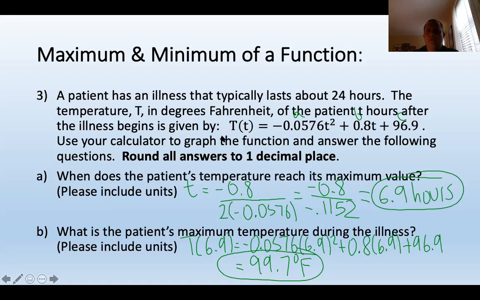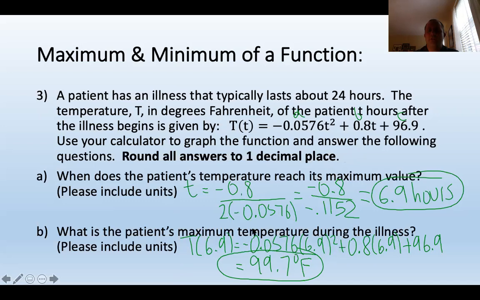If we take our 6.9, which is the little t coordinate of the vertex, and substitute it in for little t, we get the y-coordinate of the vertex, the maximum temperature during the illness.